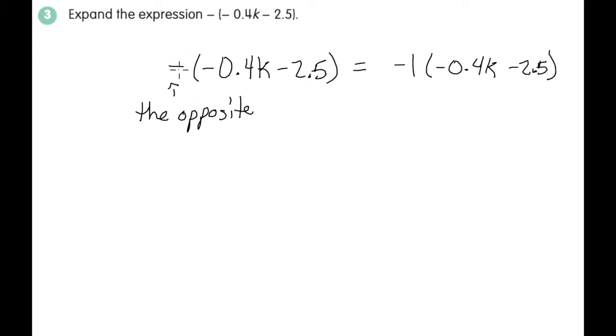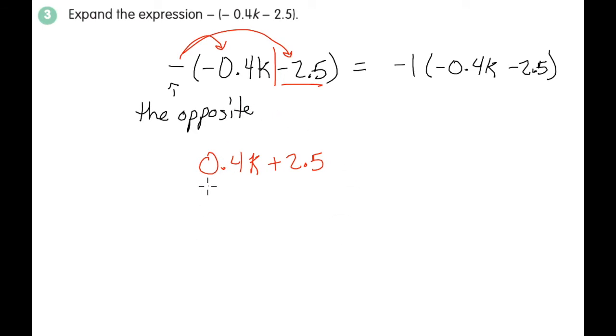If we're looking at it the first way as the opposite of, what we could do on the inside here is just split both terms up. So we see both terms here, and the opposite of a negative 4/10 k would be 4/10 k, and then the opposite of a negative 2 and 5/10 is a positive 2 and 5/10.